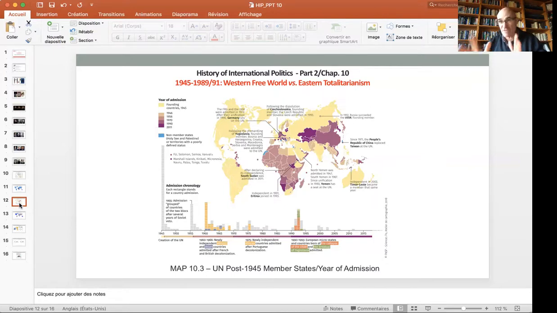This is the aim of the United Nations, much more than economic development or now environmental protection, etc.